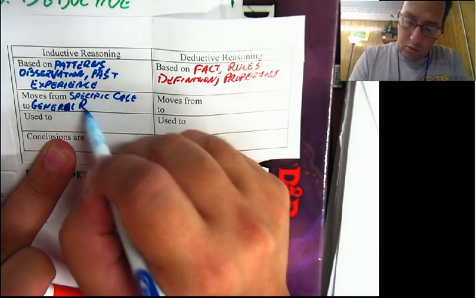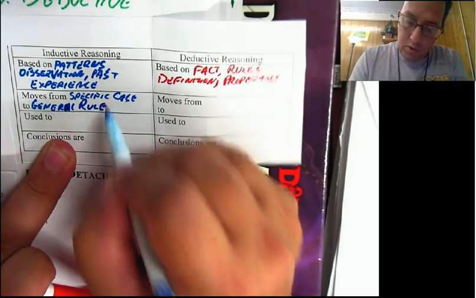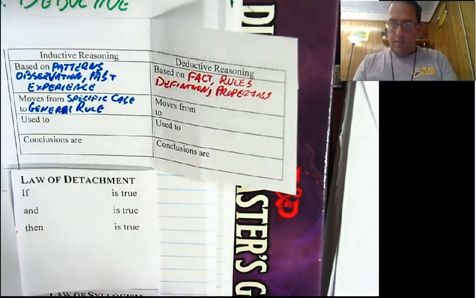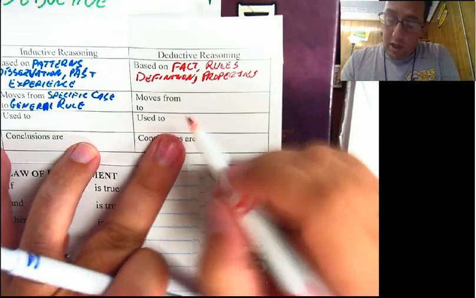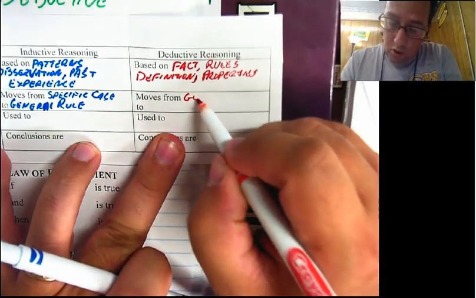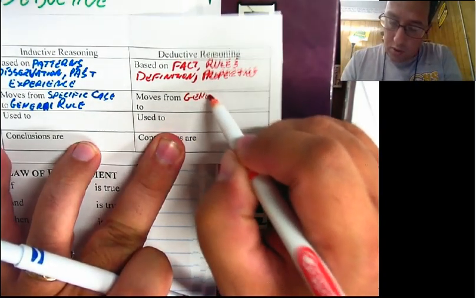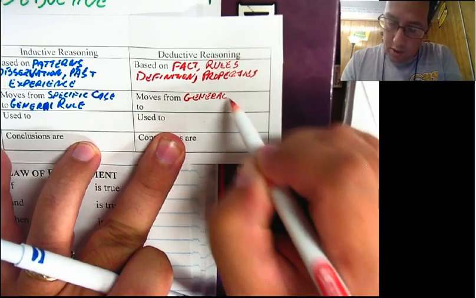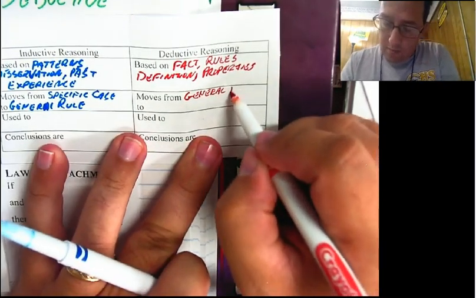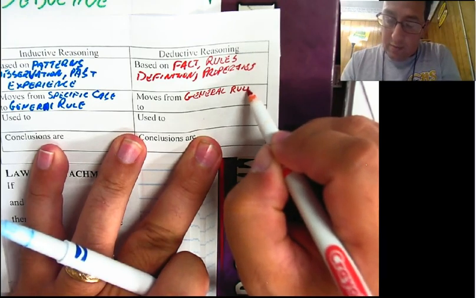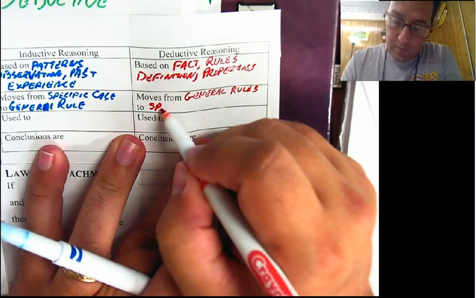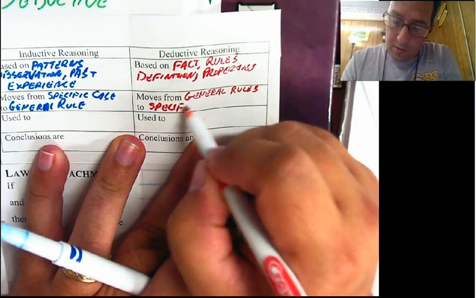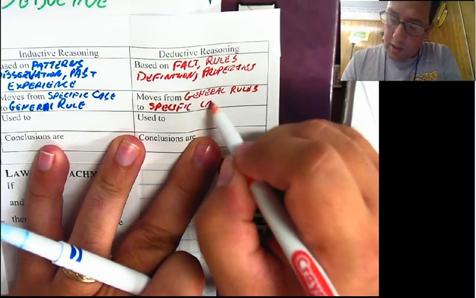General rule. Deductive reasoning goes the opposite direction. I have a general rule. This always works. These are the rules. And so since it works every time, it is going to work this time too. General rule to specific case.